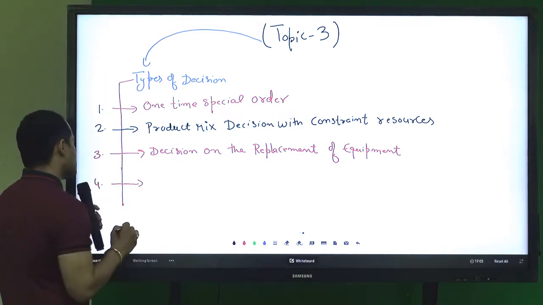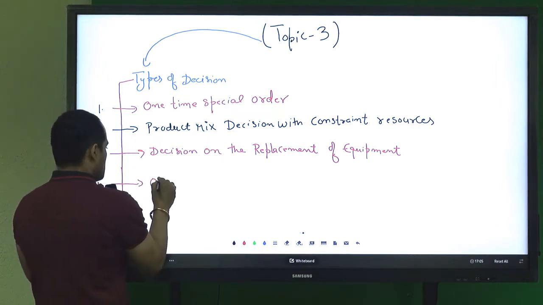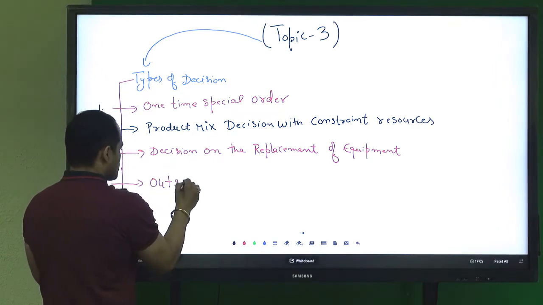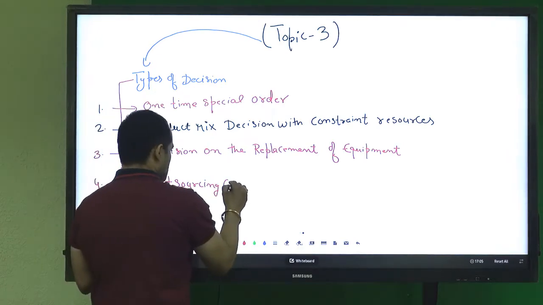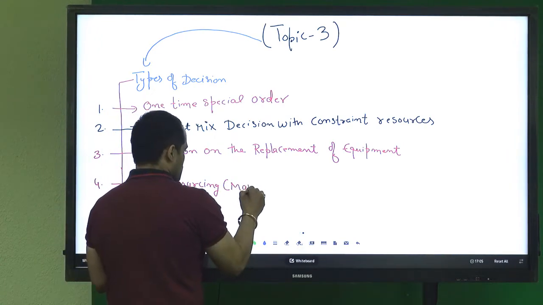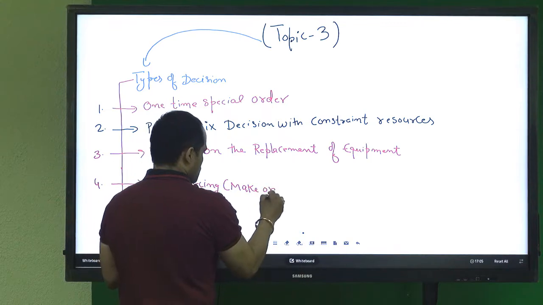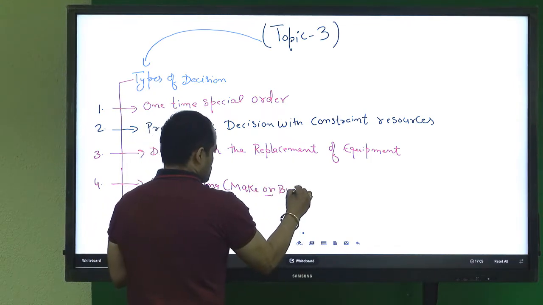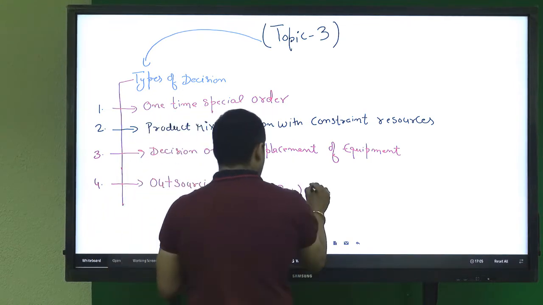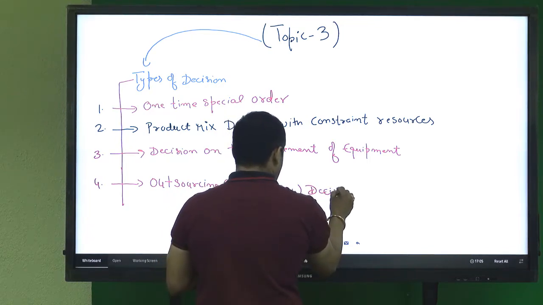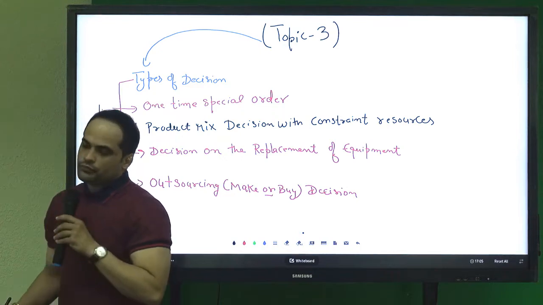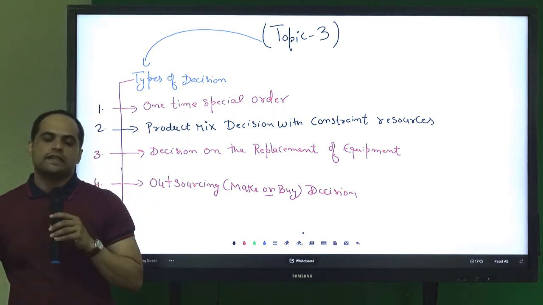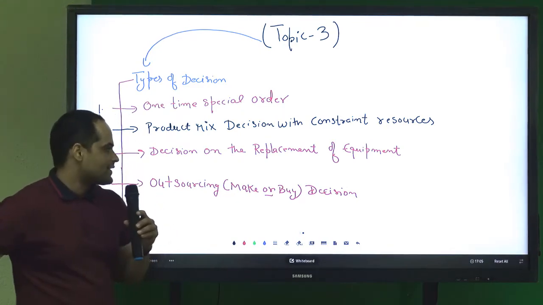Number 4 is outsourcing decisions, or make or buy decision.